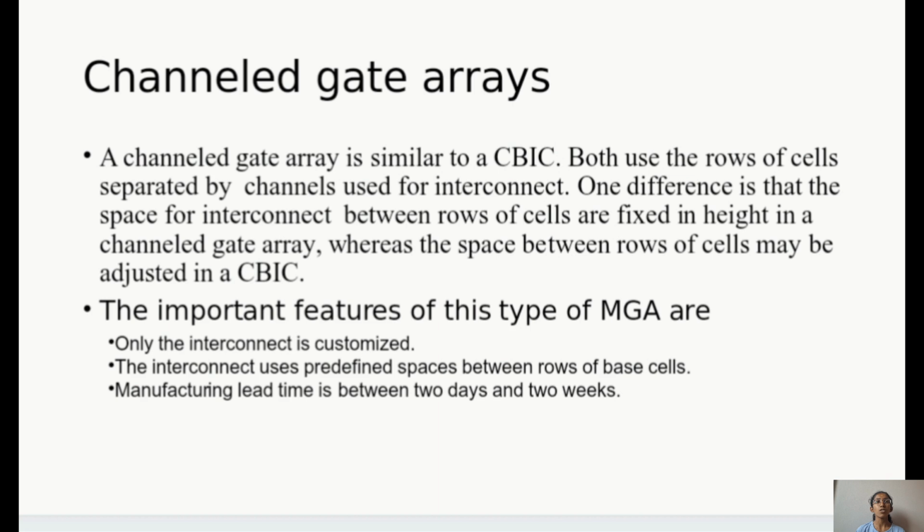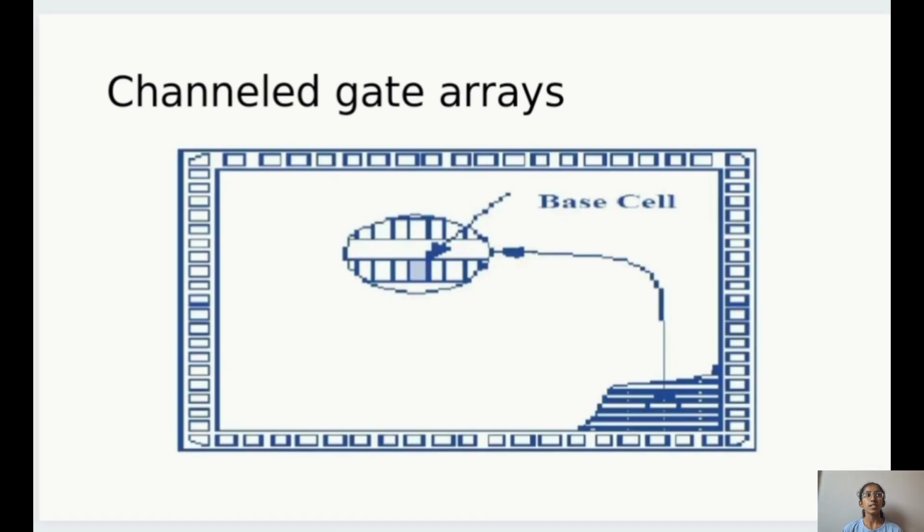The important feature of this type of MGA is that only the interconnect is customized, and the interconnect uses predefined space between the rows of base cells. The manufacturing lead time will be between 2 days and 2 weeks, for all the gate arrays, channelless and programmable gate arrays as well. This is a channeled gate array where the base cell is shown on the display.